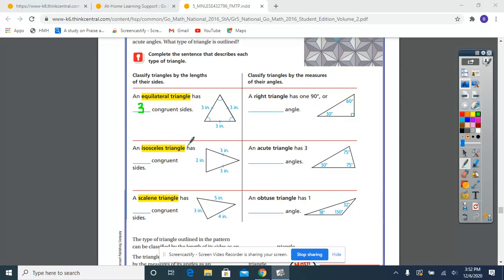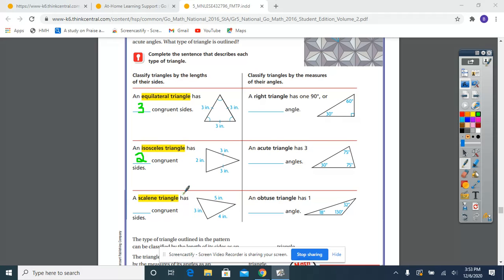So one trick that we can use for isosceles triangles is I saw, isosceles, I saw, like I saw with my 2 eyes. I have 2 eyes. There's 2 sides that are the same in an isosceles triangle. So there are 2 sides that are congruent. Okay, now the word congruent just means same or equal.